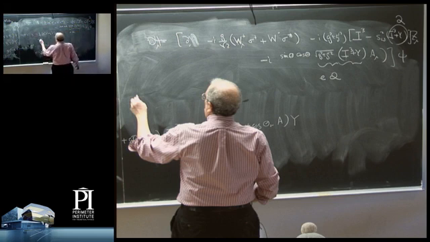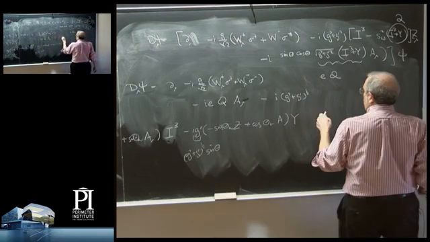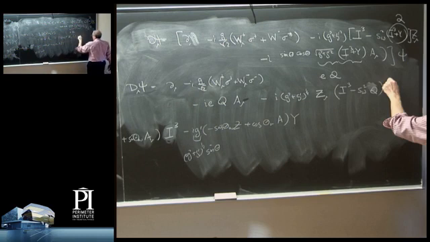Then a coupling to the electric charge, and finally a coupling to the Z, which, let's just write it like this. Z mu times I3 minus SW squared times Y times Q. And all of that acts on any field.